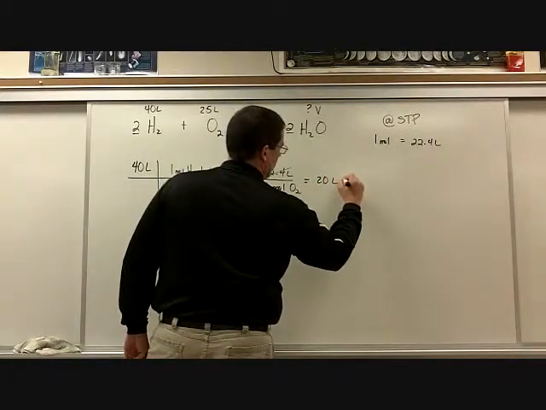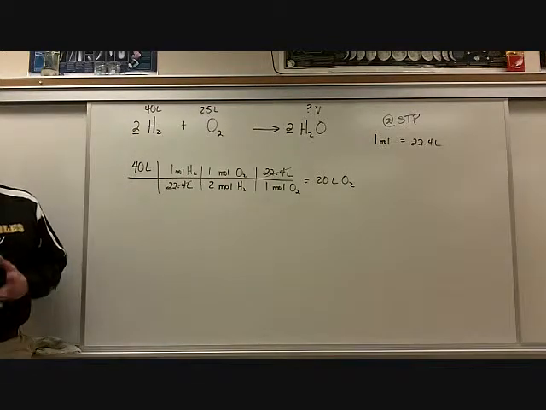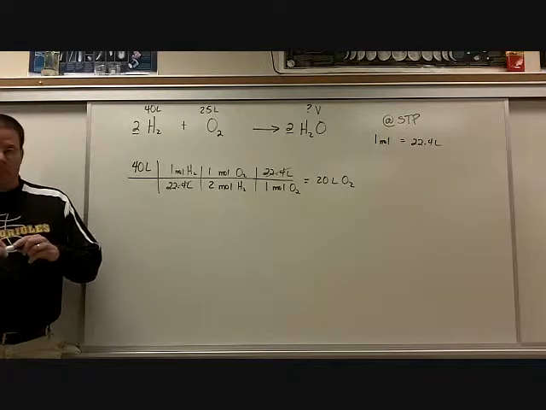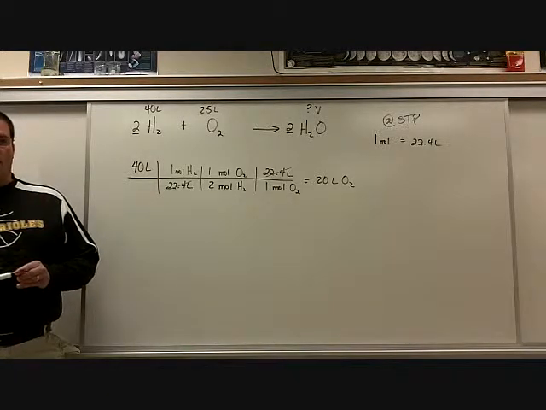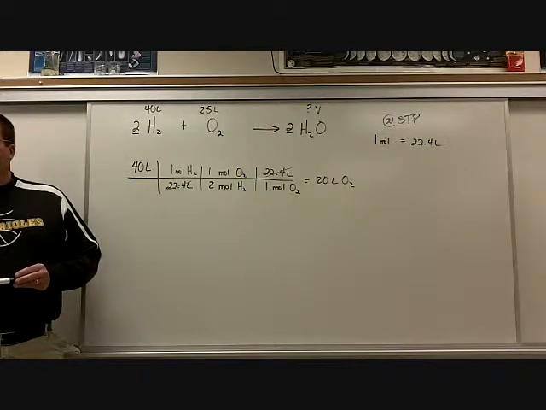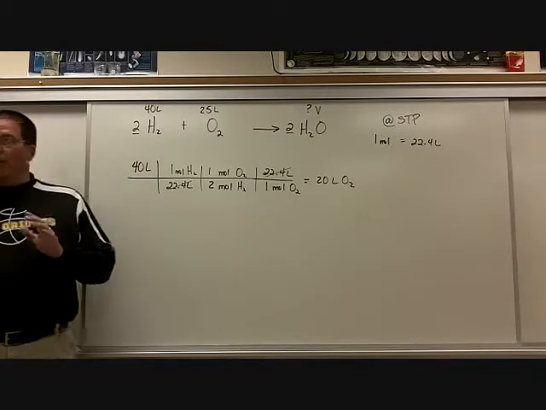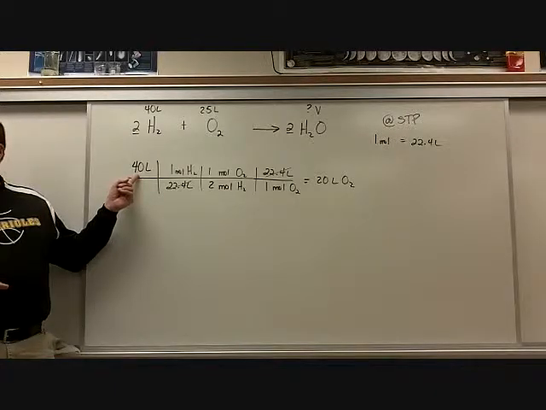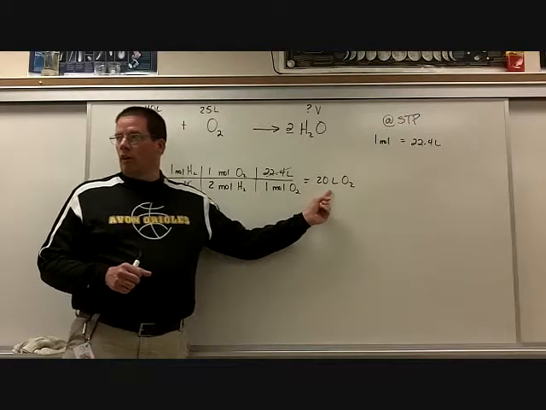Based on this, who is my limiting reactant? I want to see if you can remember how to determine that. Oxygen, because it runs out there. Does everybody agree? Here's what you have to say to yourself: if I'm going to use all 40 liters of the hydrogen, I will need at least 20 liters of oxygen.